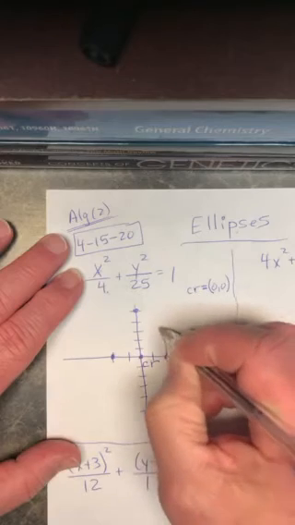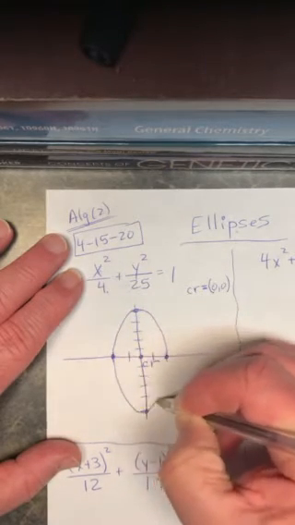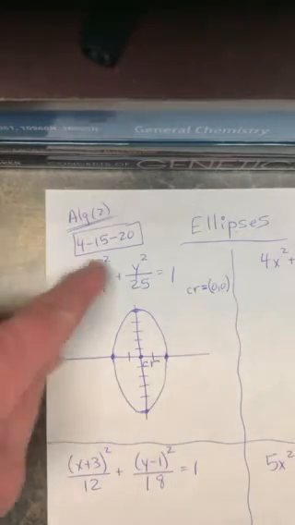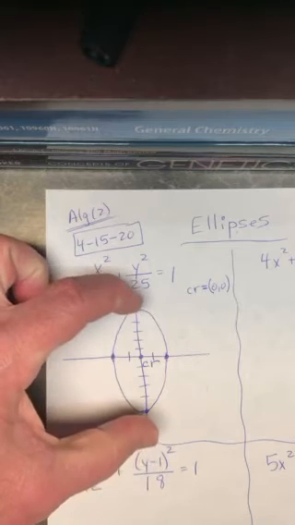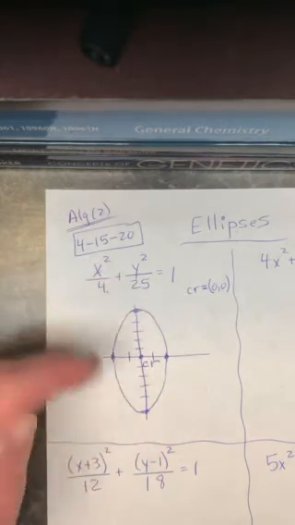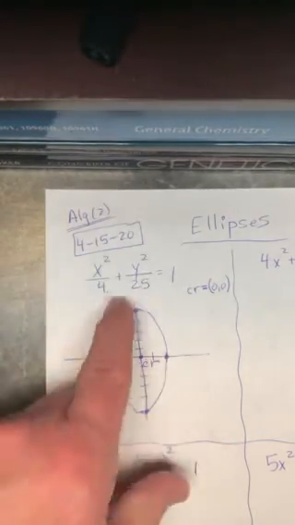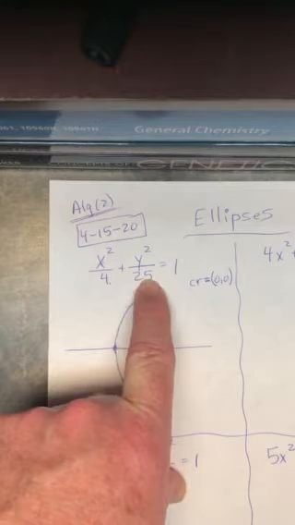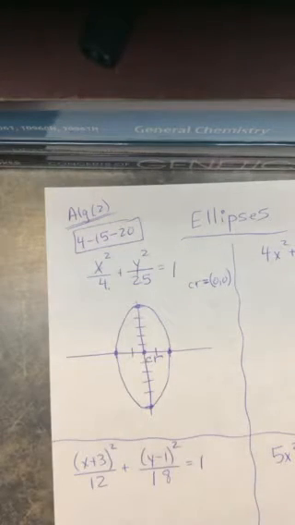And now when I connect my dots, it's obvious it's not a perfect circle, but rather an oval or an egg shape. Looks like a football sitting upright on a tee there, and it's an elliptical shape. This is called a vertical ellipse because it's elongated vertically because the larger number was under the y squared. So that's the general process for graphing an ellipse that's in standard form.